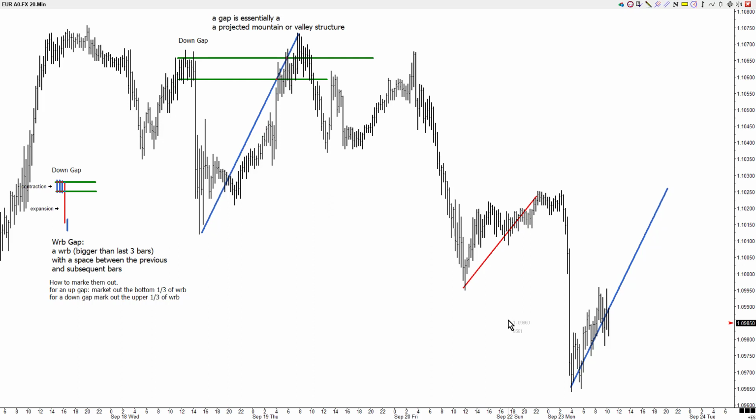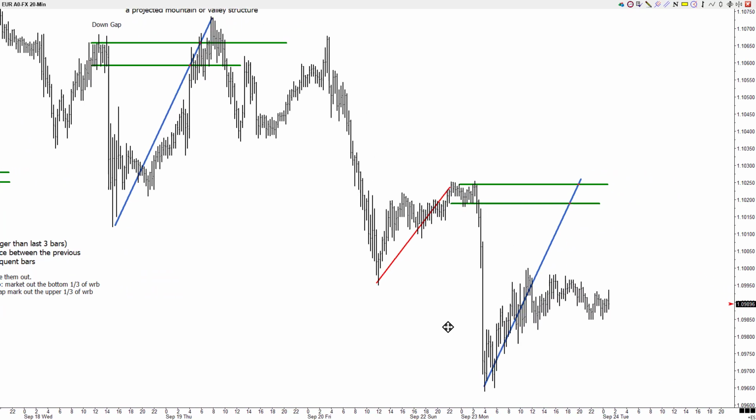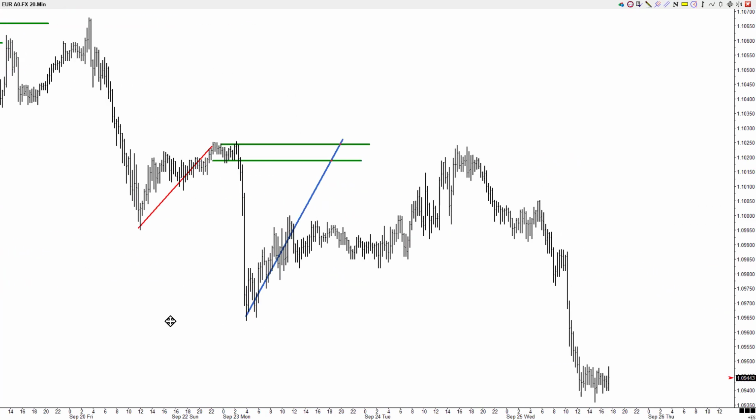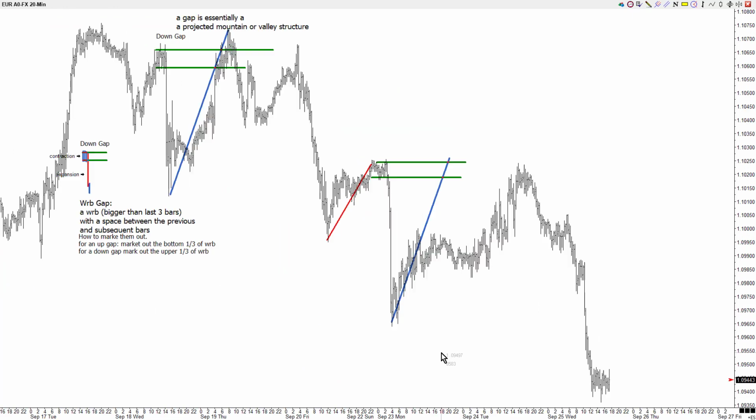And if you want, you can see another gap here. And so you can map a market via swings, or you can map a market via gaps. So in this way, I'm following a market through its gaps.